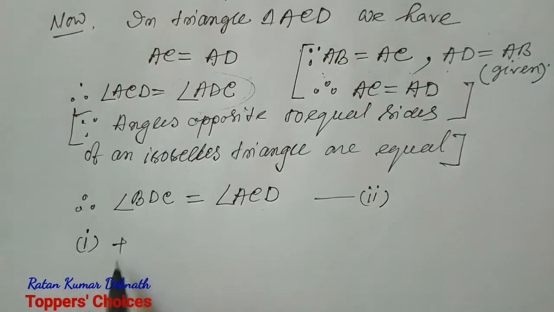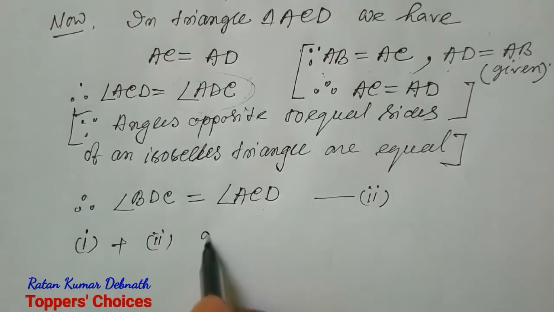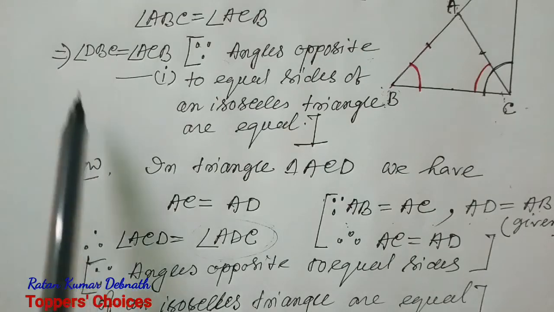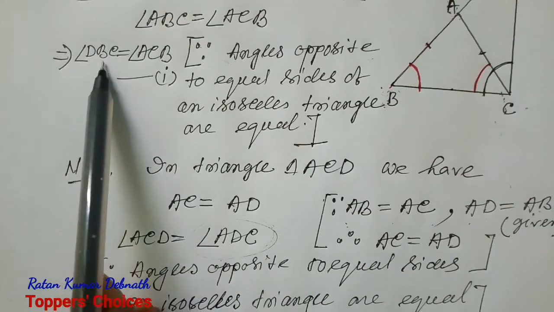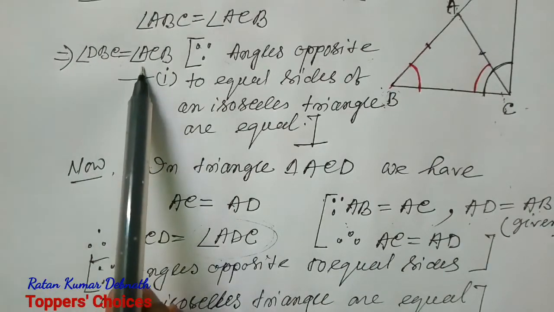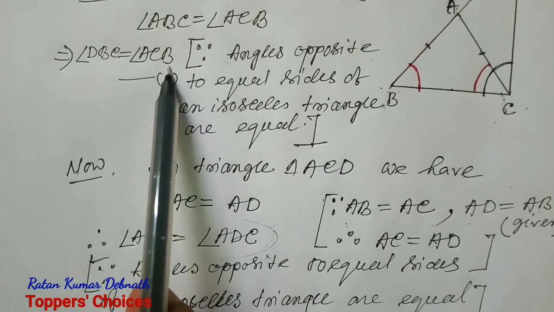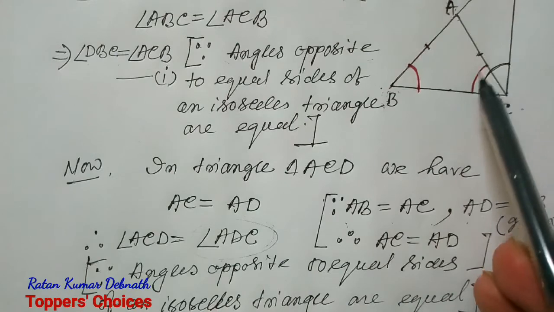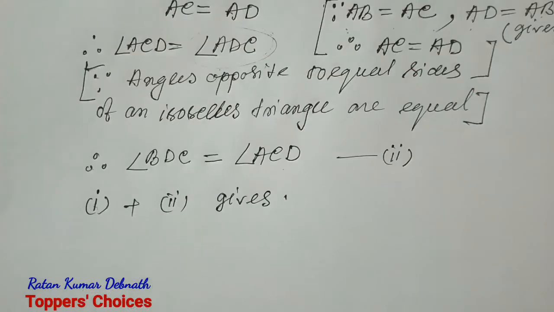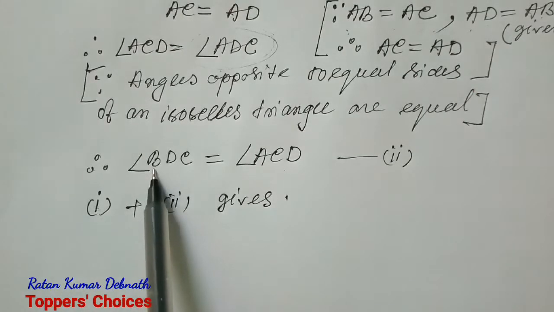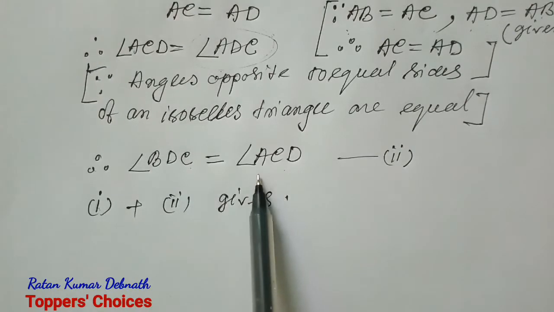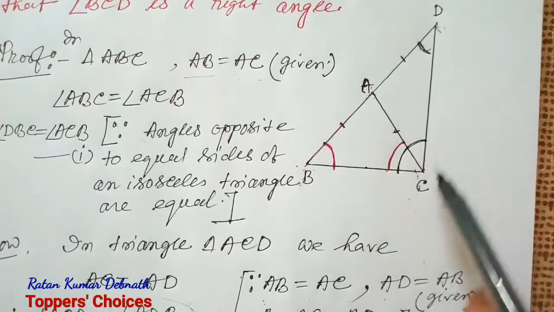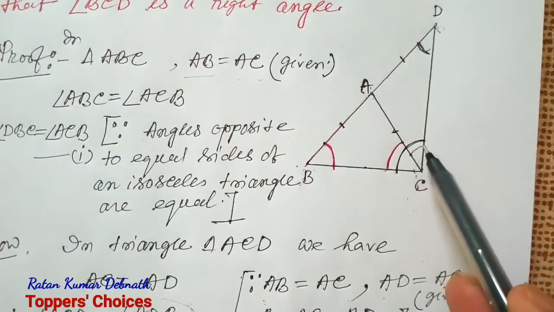1 plus 2 gives. Relation 1 is angle DBC equals angle ACB, that is, this angle equals this angle, and relation 2 is BDC equals ACD, that is, this angle equals this angle.